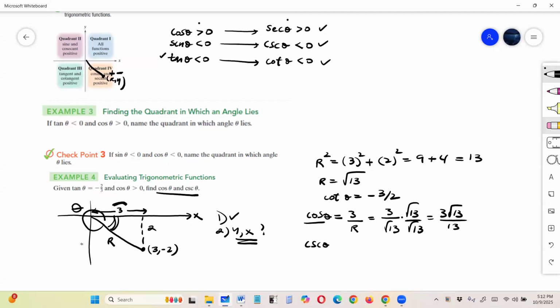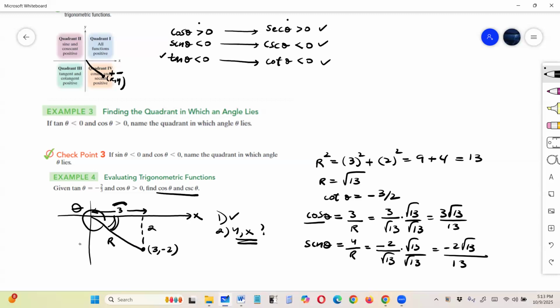But to find cosecant, I am going to find sine, because I know that cosecant is 1 over sine. So if I find sine, I just find the reciprocal and I'm done. So sine is y over r. Now I already know that y is negative, so it's negative 2 over the radius, which is radical 13. Again, we rationalize, and we get negative 2 radical 13 over 13.